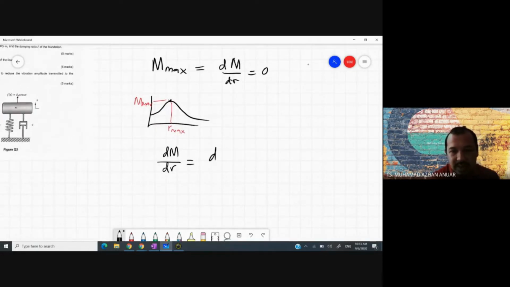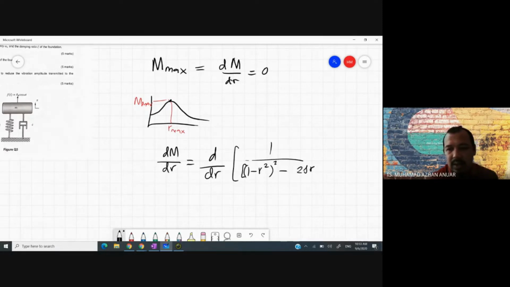So dr, 1 divided by (1 minus r square) minus 2 zeta r plus square, to the power 1 over 2.